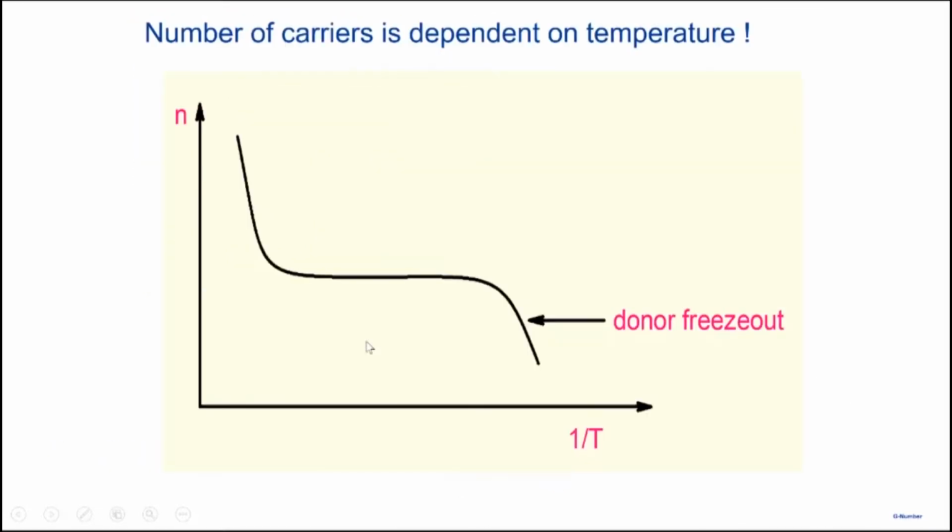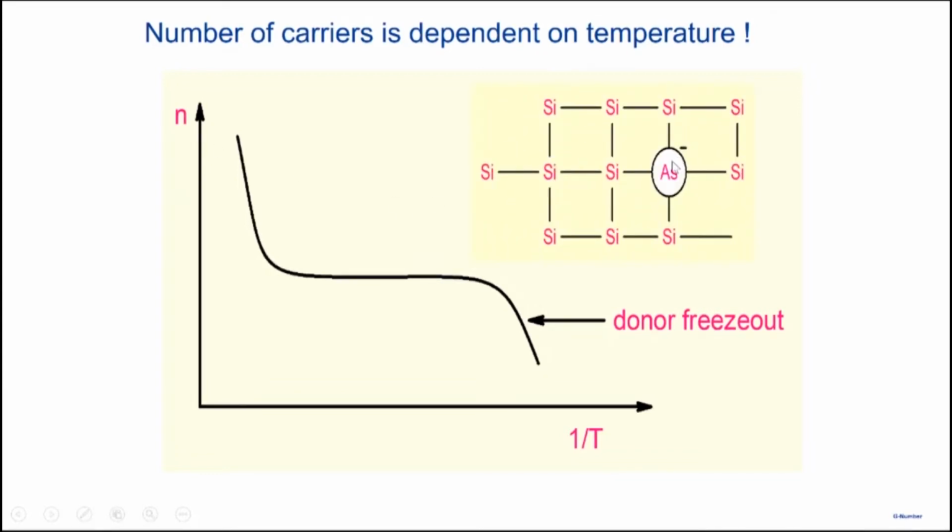Okay. All right. So the number of carriers, for example, if I were to take an n-type semiconductor. We've said that an n-type impurity, or donor impurity, will donate an electron to the lattice, and the number of electrons will be equal to the number of donor impurities, which is true over a particular temperature range.